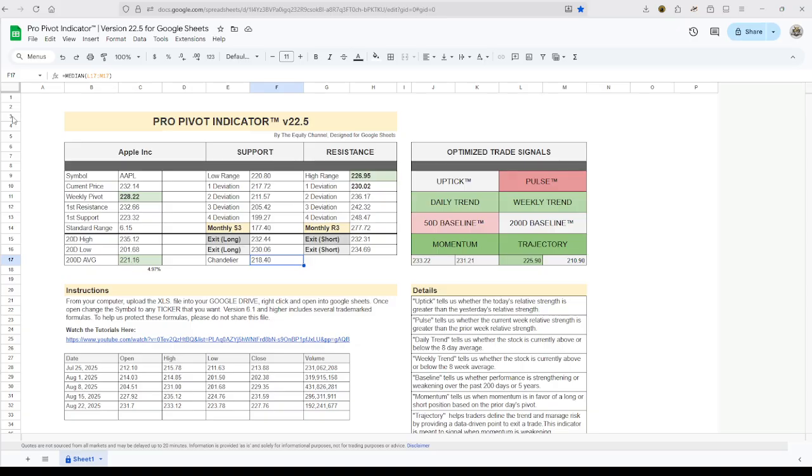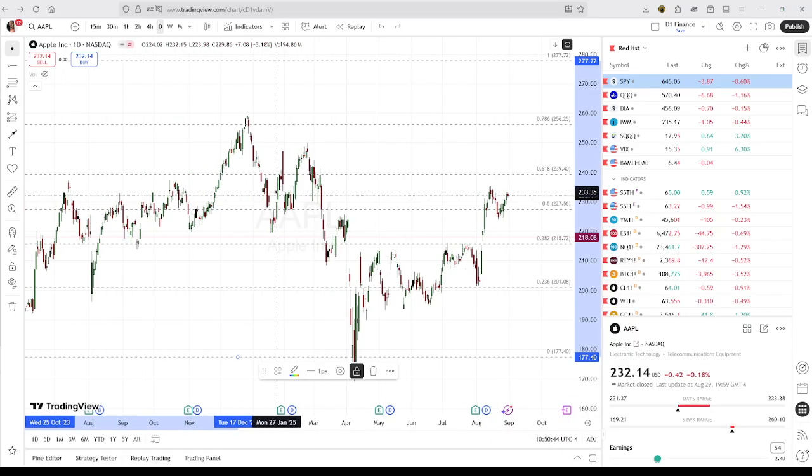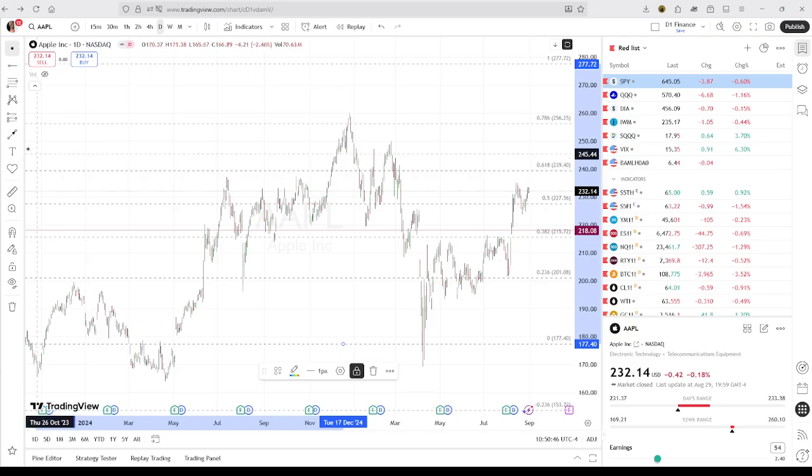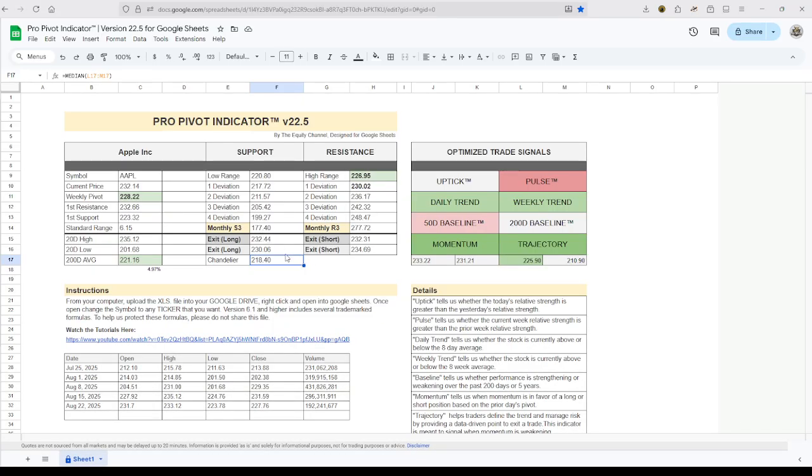So I'm looking for something like when Apple came off of the April lows. And then when I get into that trade, and I'm above my chandelier, then this becomes my stop loss in perpetuity. So Apple has to make a 3 standard deviation move to the downside just to knock me out of this trade.